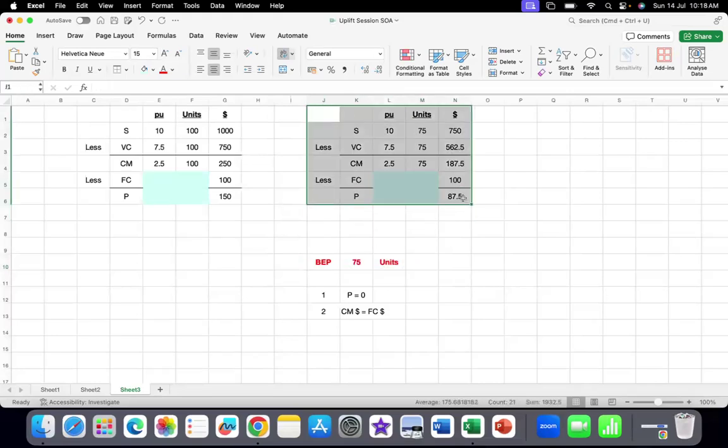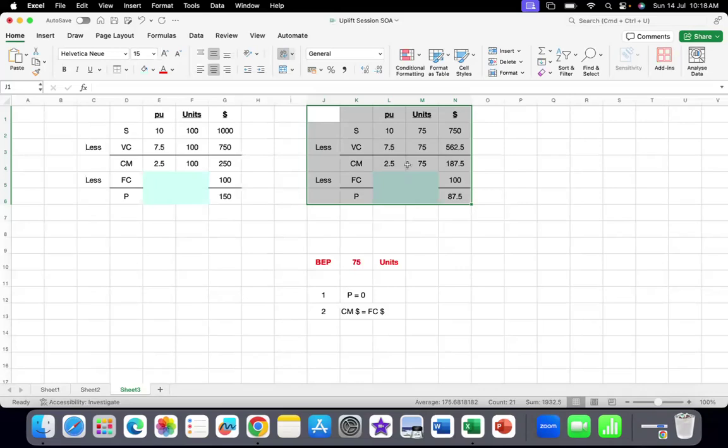So just make sure, what I used to do in the mock tests and all, whenever this CVP analysis comes in, once you get a question paper, just have a hypothetical example written in front of you. For that example you're going to use throughout your CVP analysis, just replace that example with the actual figures and you will get the answer.